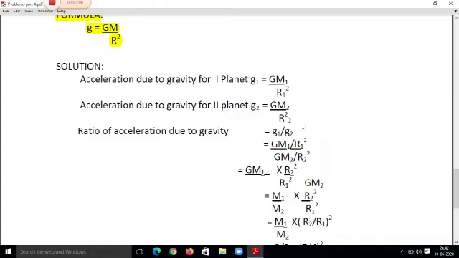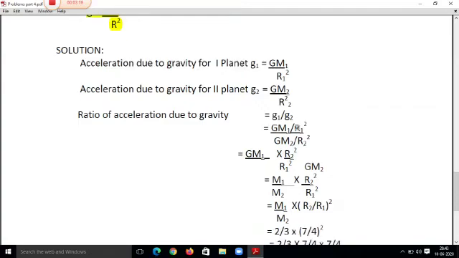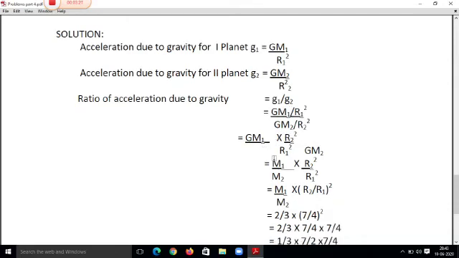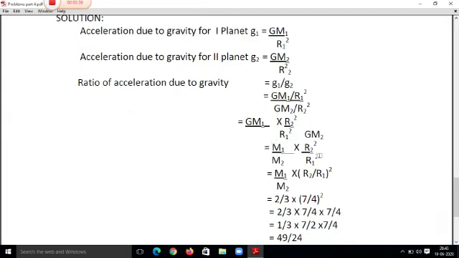Ratio of acceleration due to gravity g1 by g2 is equal to GM1 by r1 squared divided by GM2 by r2 squared. Now, GM1 by r1 squared into r2 squared by GM2. Now capital G and capital G get cancelled, so it is equal to m1 by m2 into r2 squared by r1 squared.